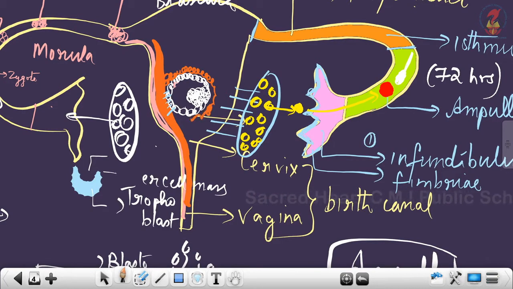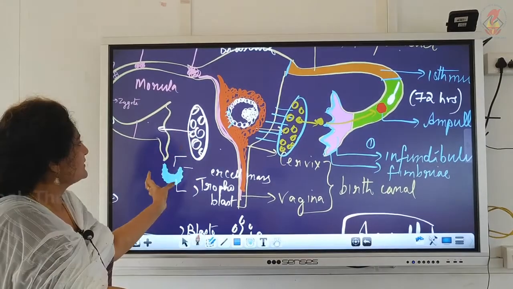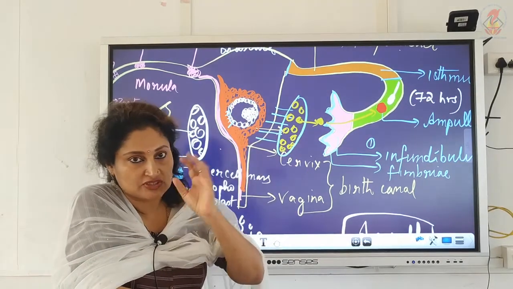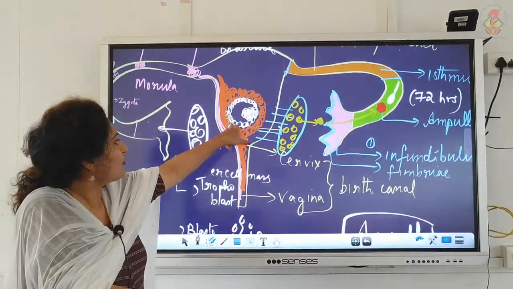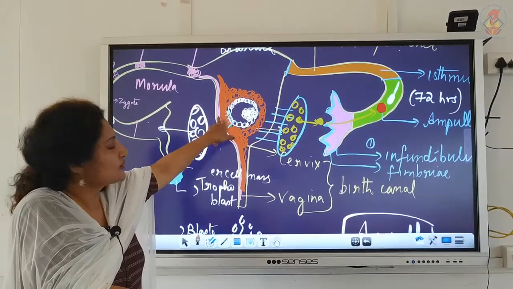and cover the late blastula, and thus it gets embedded on the walls of the uterus. This process is called implantation. So once again, the late blastula, which is a 64 cell stage, I described the structure. First of all, the trophoblast, the outer covering, gets attached to the uterine endometrium.